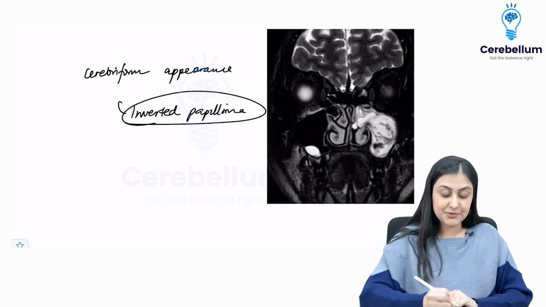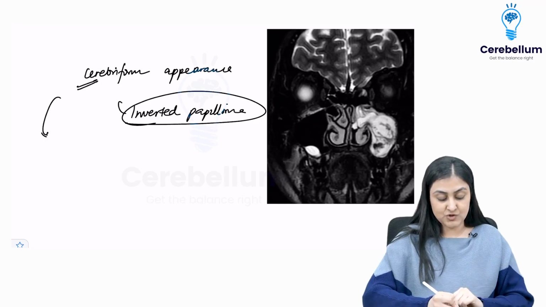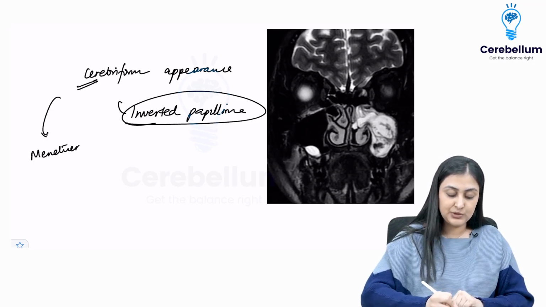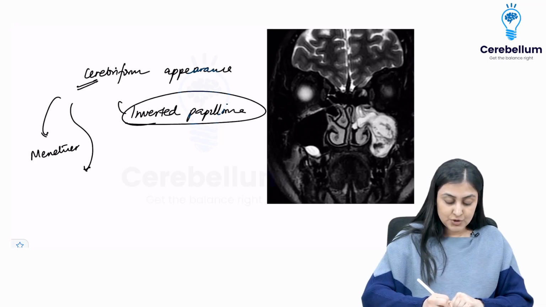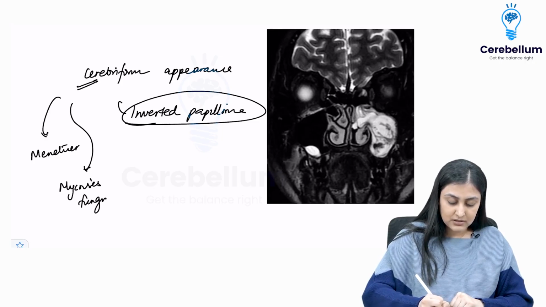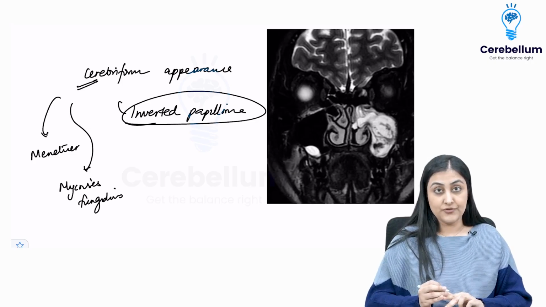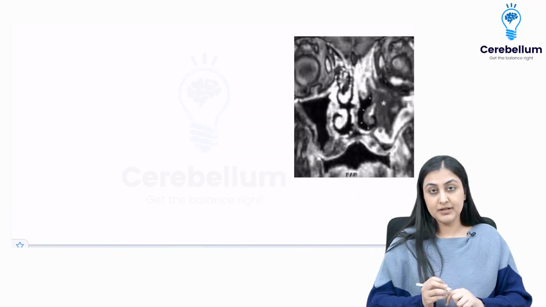Where else do we see cerebriform appearance? We can see it in stomach, in pathology, which is the condition of Menetrier's disease. You can also see a cerebriform appearance in pathology when we study cutaneous T-cell lymphoma. Yeah, so you have mycosis fungoides, wherein the nucleus has a cerebriform appearance, right? So those are the places of cerebriform appearance that we want to remember.